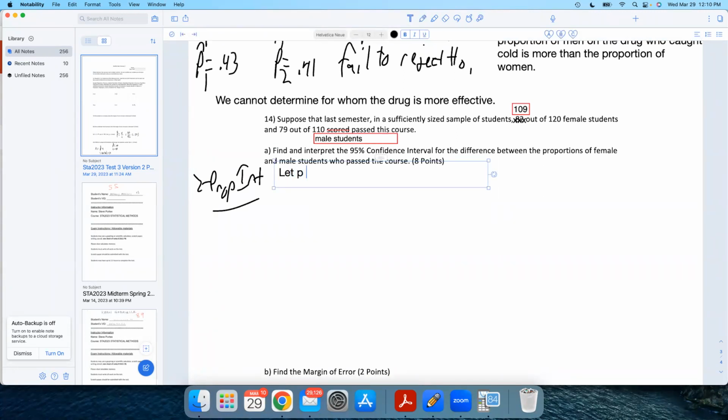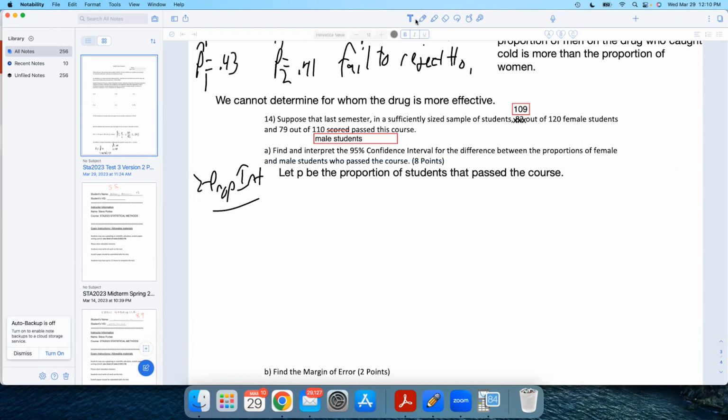Let P be the proportion of what? What are we talking about here? Students that did what? Passed the course. These are all really old numbers, by the way.